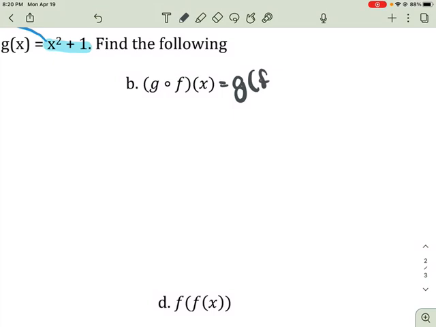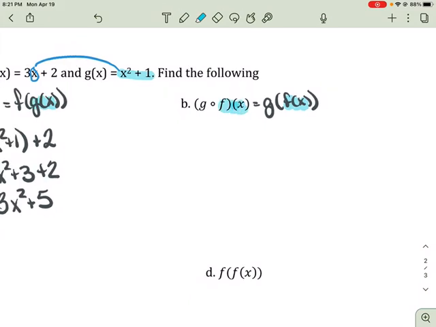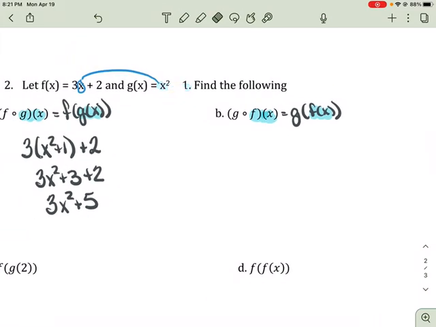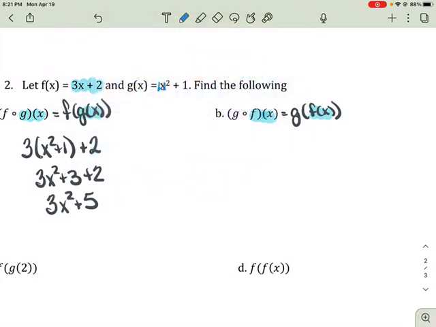All right, so g composed of f, remember that means g composed of f of x. So we're going to start with f, because that's the innermost guy, and I like to think of it as the one that's closest to the x. So let's get rid of what we did last time. So we're going to start with f, and then we're going to come over here and we're going to take out the letter and replace it with what it is.